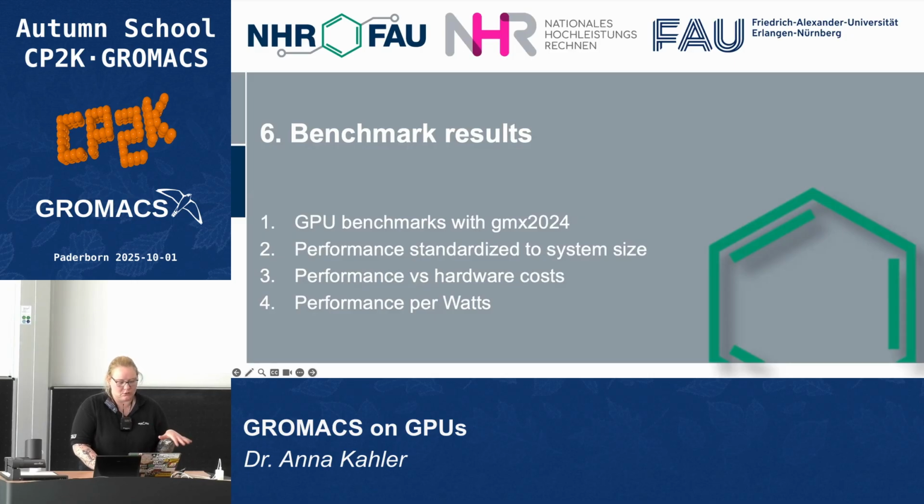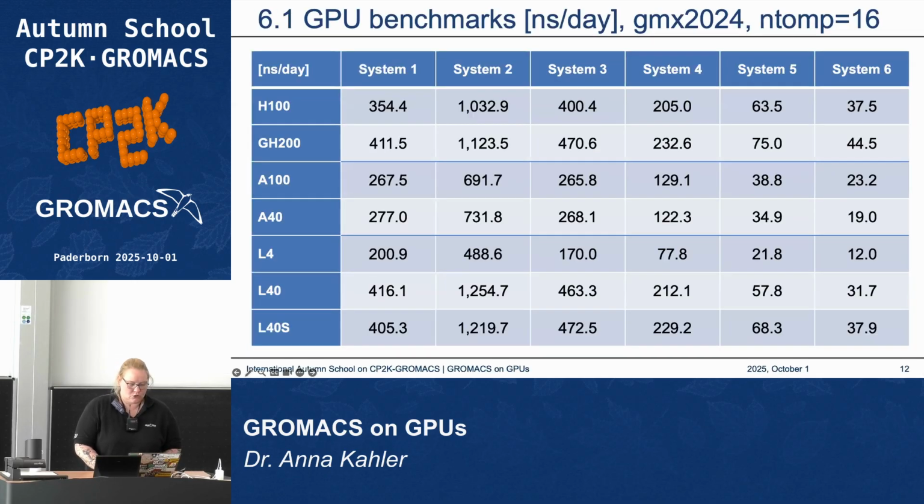We're not going to only talk about the performance numbers in nanoseconds per day, so that is what GROMACS puts out at the bottom of the log files, but also we're going to compare the GPUs in terms of hardware, costs, and energy usage. So I ran all of the benchmarks on all of the systems, collected all of the performance data, and put this in this table.